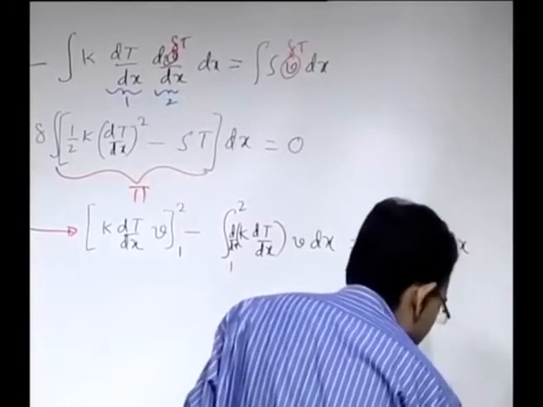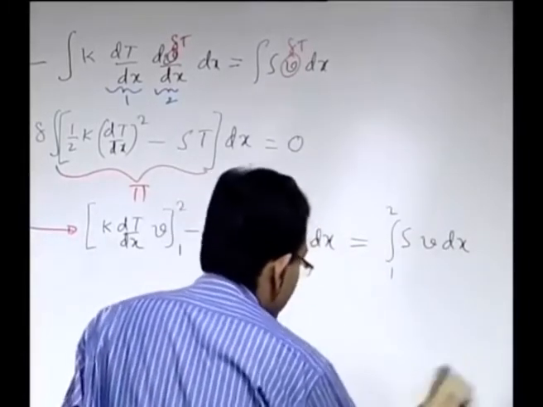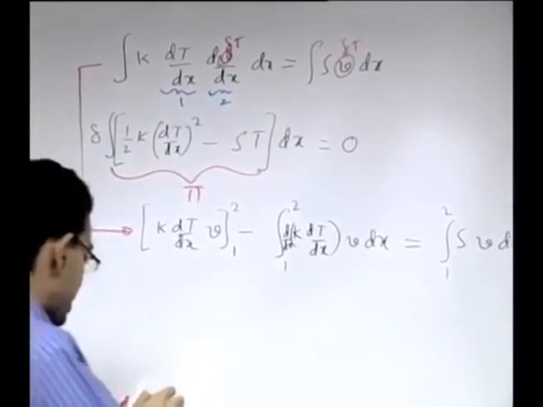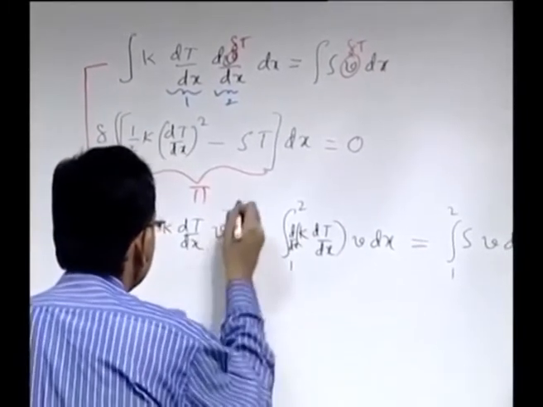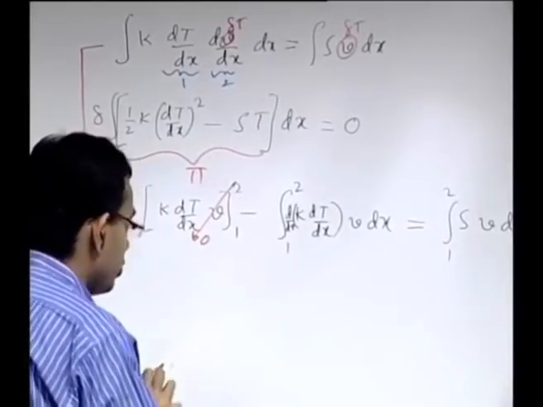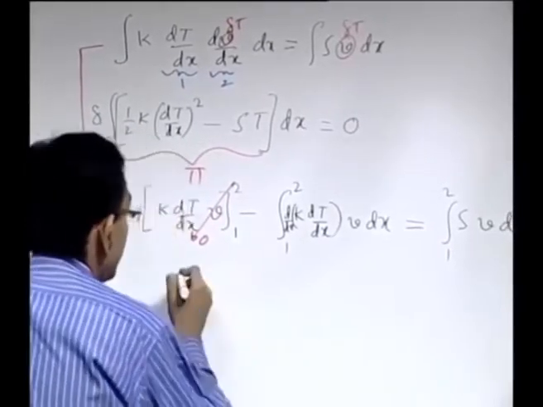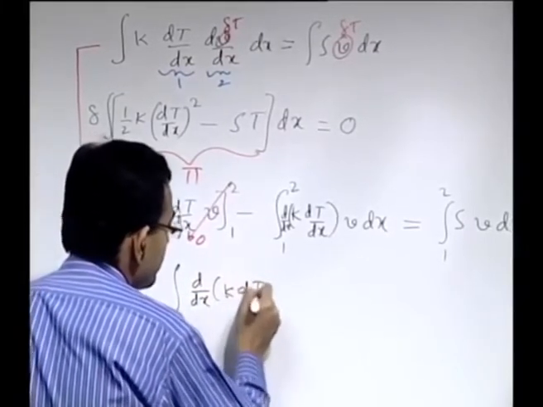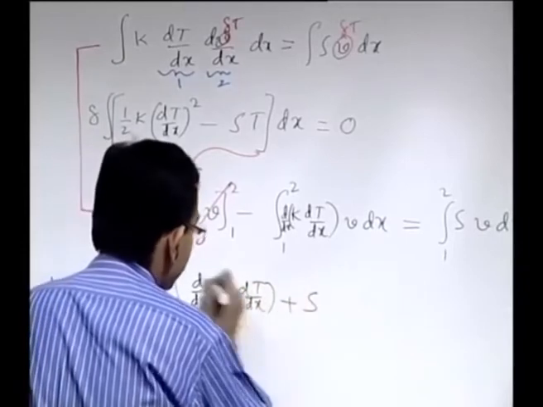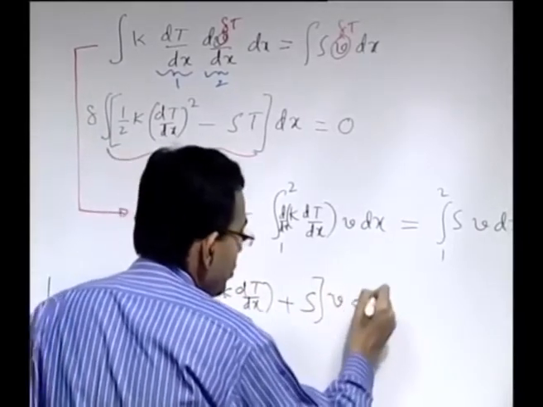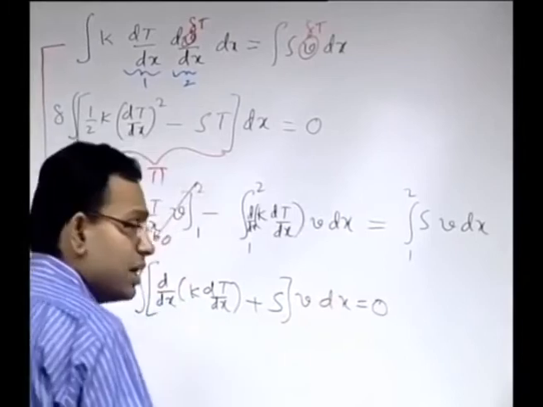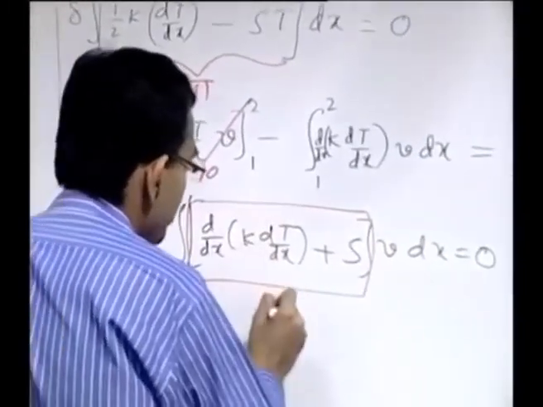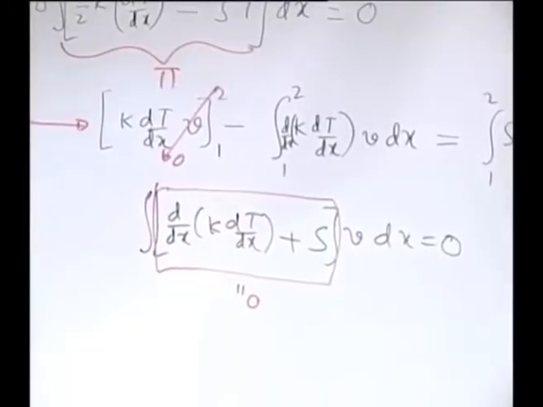With the boundary conditions that we have considered, that V is 0 at both the boundaries, that is T is specified, then this term will become 0. So you will be left with the integral of d/dx of k dT/dx plus S, times V dx, equal to 0. Since V is arbitrary, that means that you have this equal to 0, which is your D form.